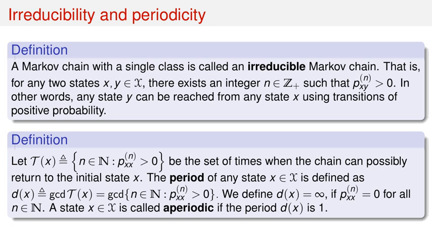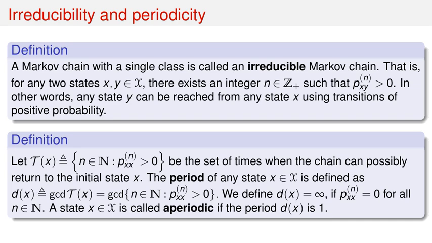Next, let's define the period of a state. Let script T of x be the set of all natural numbers n such that P sub xx superscript n is greater than 0. This set represents all possible times at which the chain can return to its initial state x.